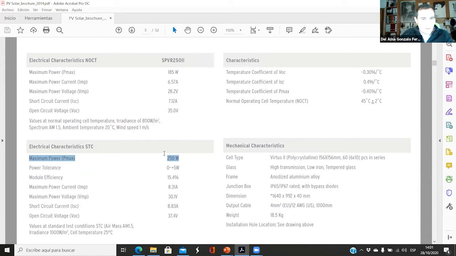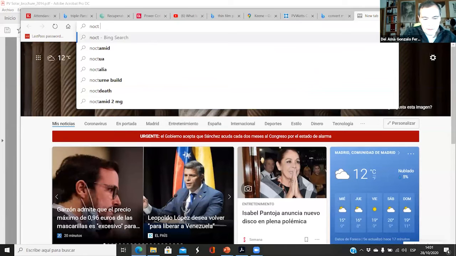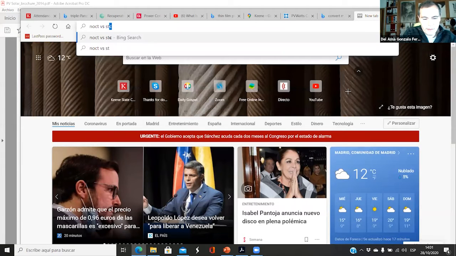But here we have a maximum power, 250. What does it mean? That's the difference between the NOCT and STC. What is this? This is the standard test conditions, and what is NOCT versus STC?